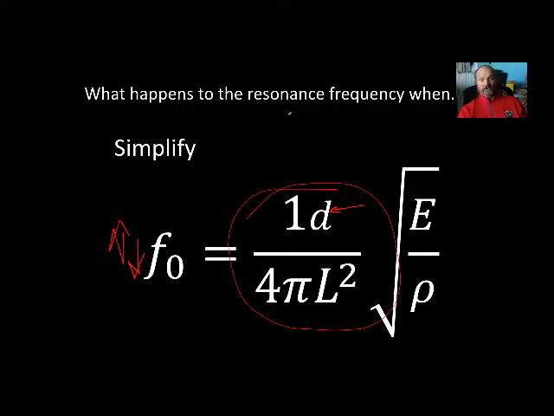So now if you look at the frequency versus length curve, it's going to kind of look like this. It's going to change a lot, and then as it gets longer, not as much. It's a 1 over r squared kind of relationship.